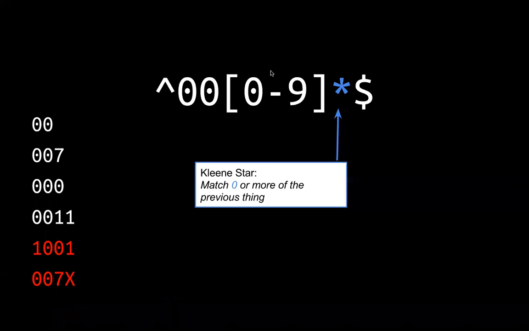So in this case, we're going to match 0 or more of this character class, which is the numbers 0 through 9. If we change the plus to a star, we see that when it's a plus, this double 0 doesn't match. We change it to a star, the double 0 starts to match, because our regular expression is now saying it's acceptable to have a 00 followed by nothing, followed by 0 other characters or 0 other numbers.